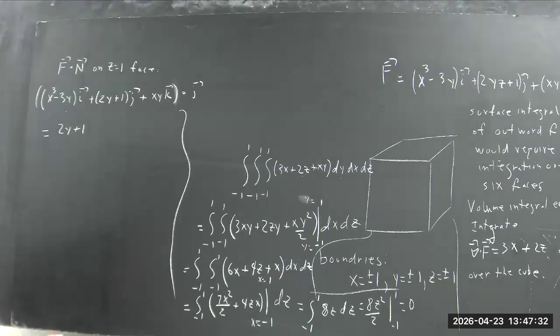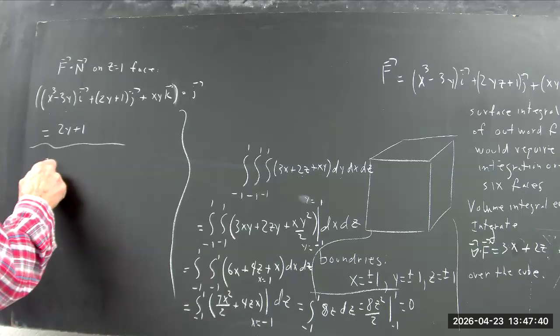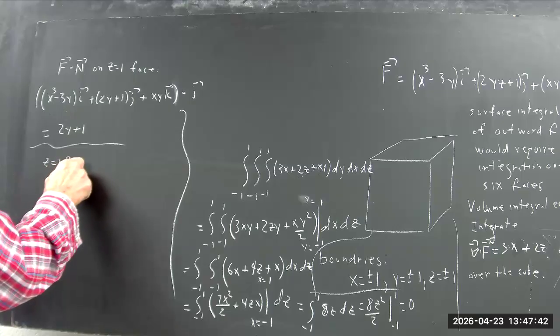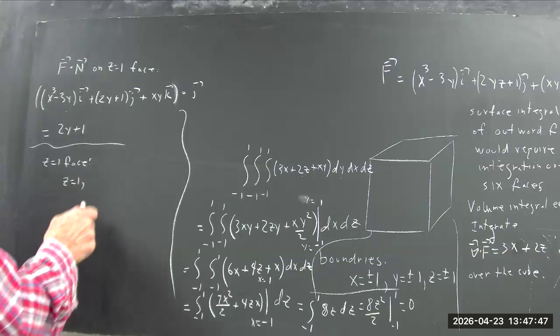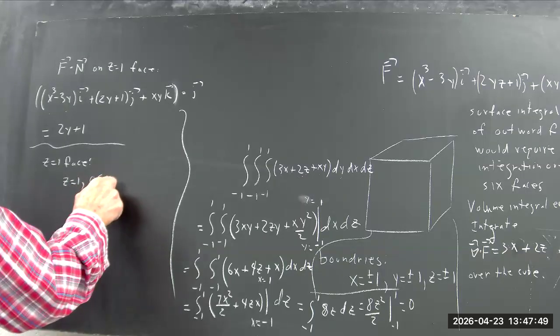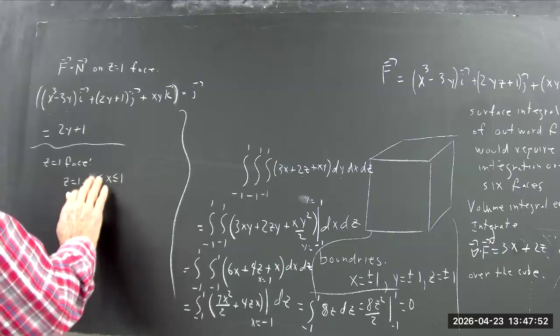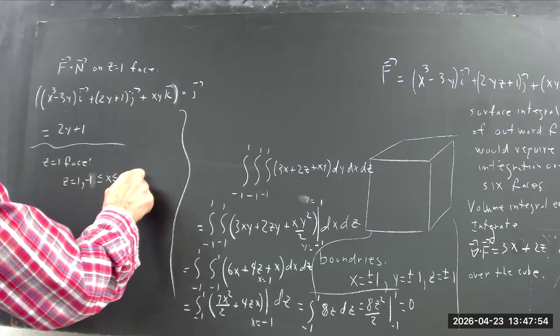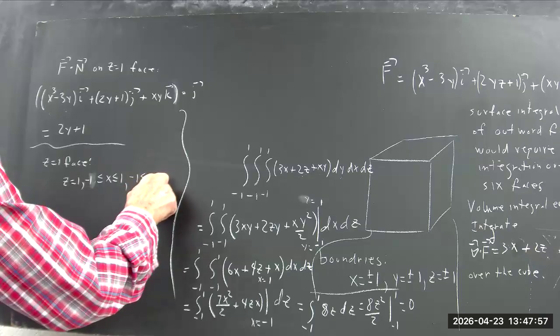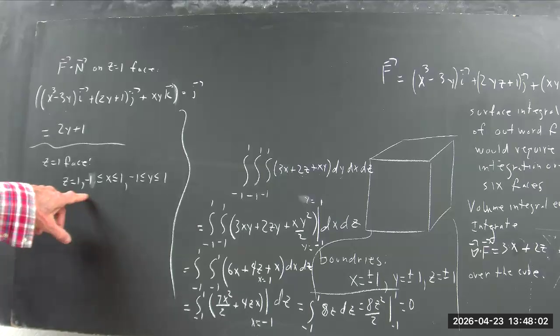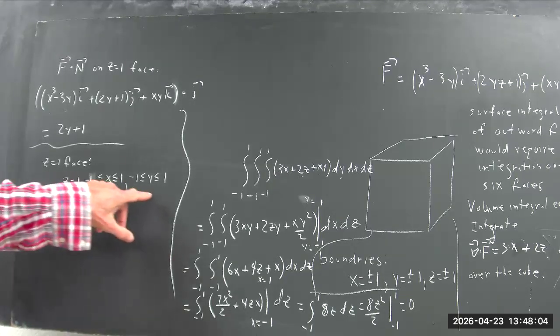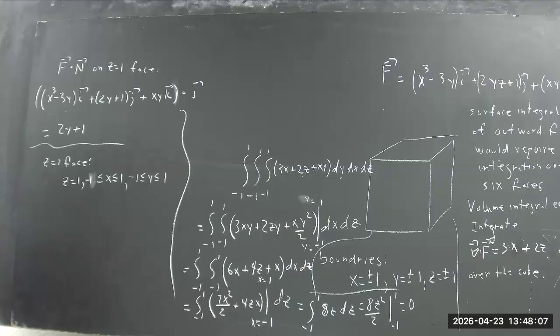Now, on that face, you wouldn't have to go through a lot of parameterization. Z is 1, so you only have 2 parameters, x and y. They both go from -1 to 1.